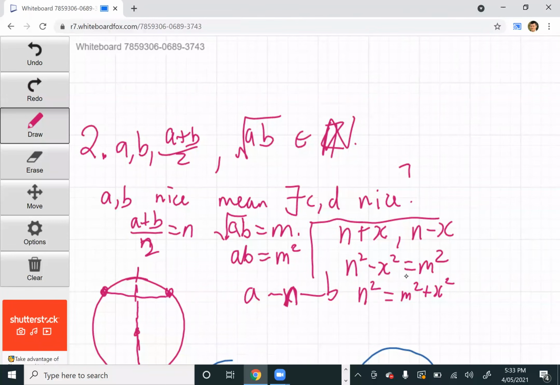So Crystal is saying that you have one x that comes from a and b itself, right? So one x is equal to b minus n. Assuming b is bigger than a, then your x is b minus n. I guess it's also equal to n minus a.